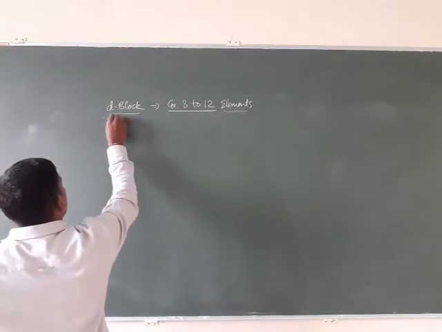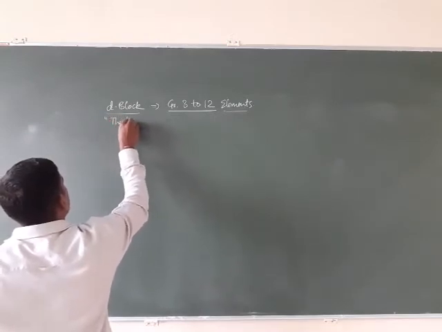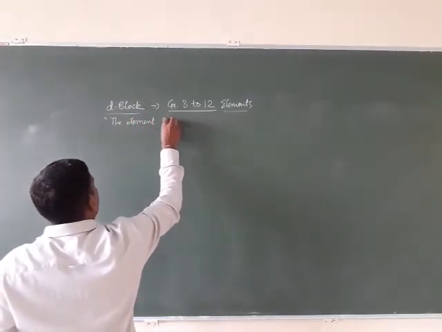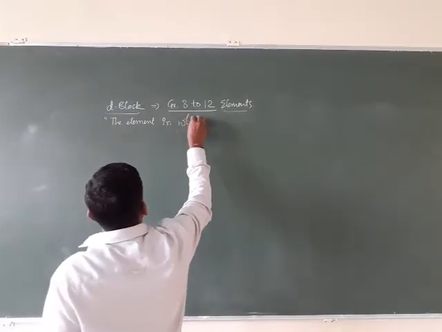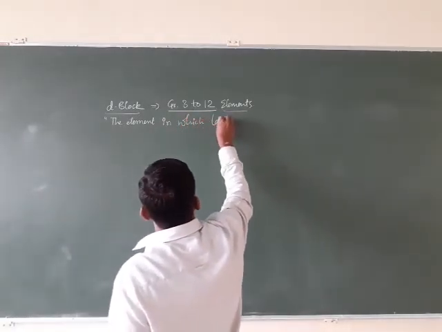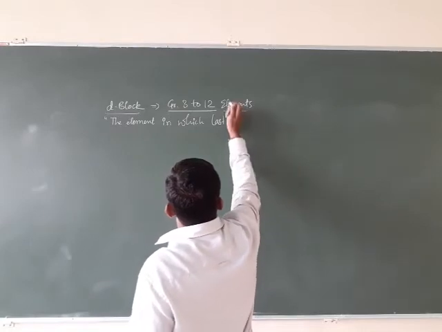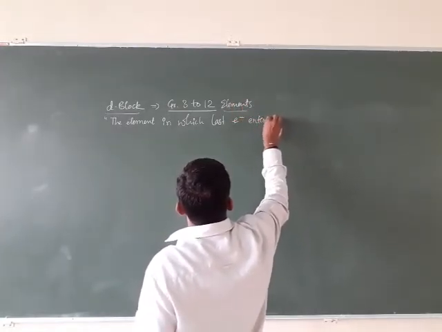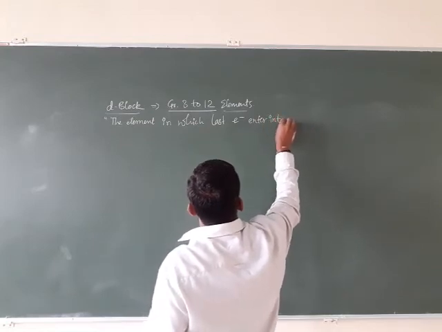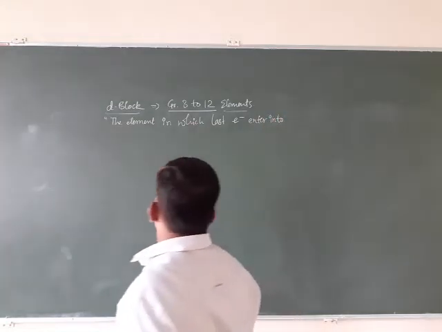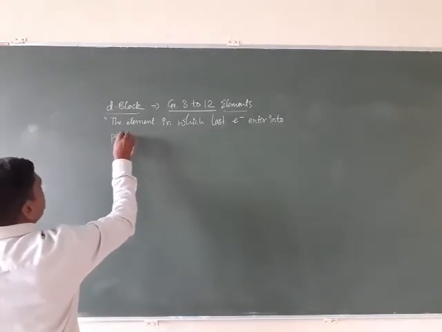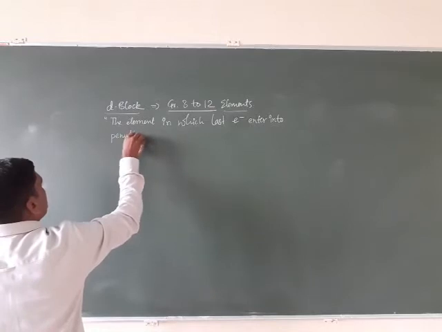We can write: the elements in which the last electron enters into the penultimate d subshell are called d block elements.